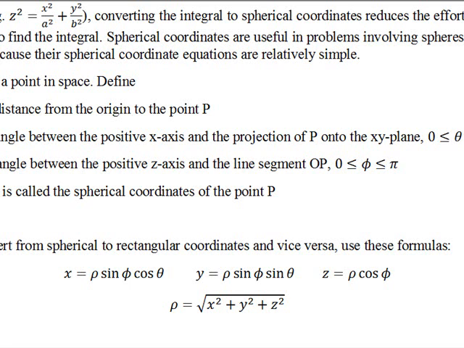So let's start with rho. Rho is the distance from the origin. This distance is rho. Then phi is the angle between the positive z-axis and OP. This is phi. And then theta is the angle between the positive x-axis and the projection of P onto the xy plane.